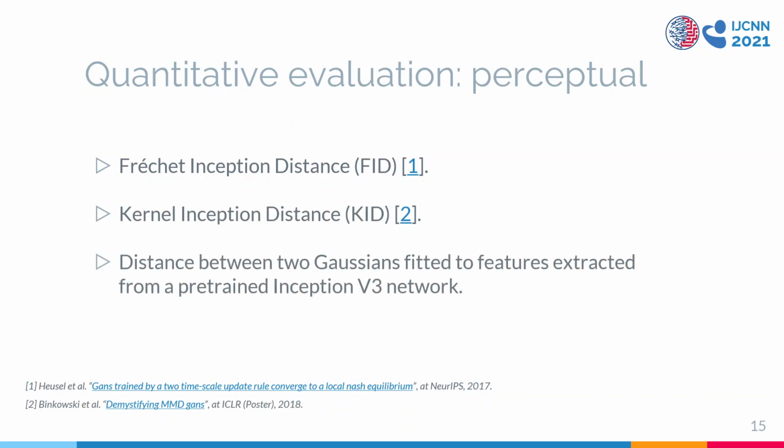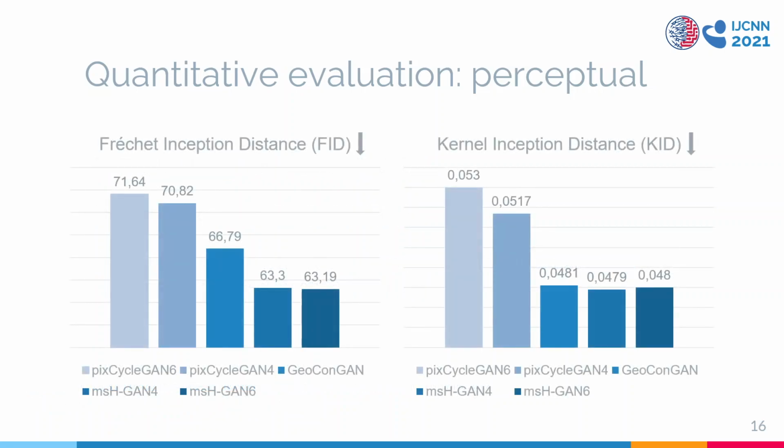They are based on the difference between distributions representing the source and target domains. The closer the distributions are, the lower the metrics. In the bar chart, the better the model, the darker the blue color is. We observe that our MSH GANs outperform all the other models, including our competitor. This points out that our generated hands more closely resemble the real domain of hands.